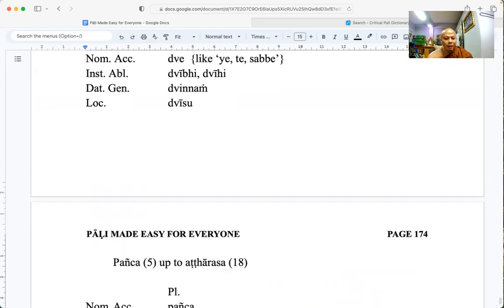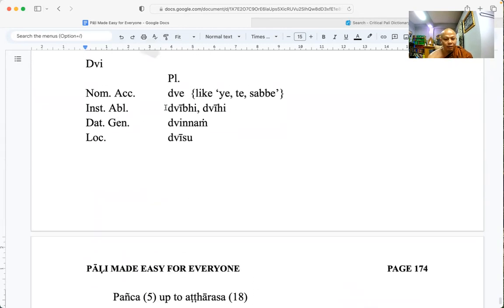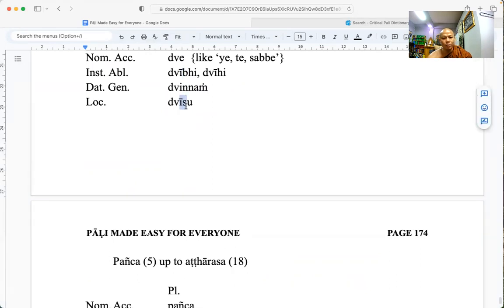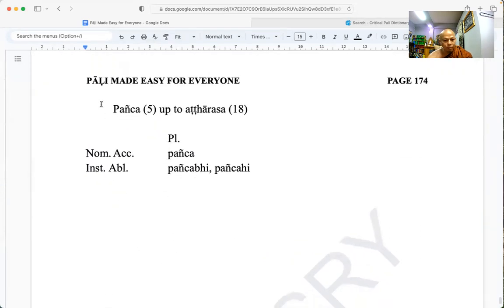You see here, dwi be, dwi he, so dwi nan. Before be and he, the short vowel becomes long. You see dwi be, dwi he, and dwi su. But from banja to aṭṭhārasa, it does not change that way.